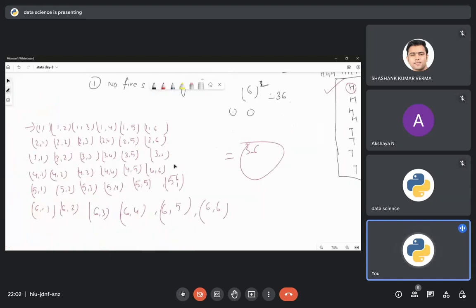Number 1 case, 2 case, 3 case, 4, 5, 6, 7, 8, 9, 10, 11, 12, 13, 14, where there is no 5.